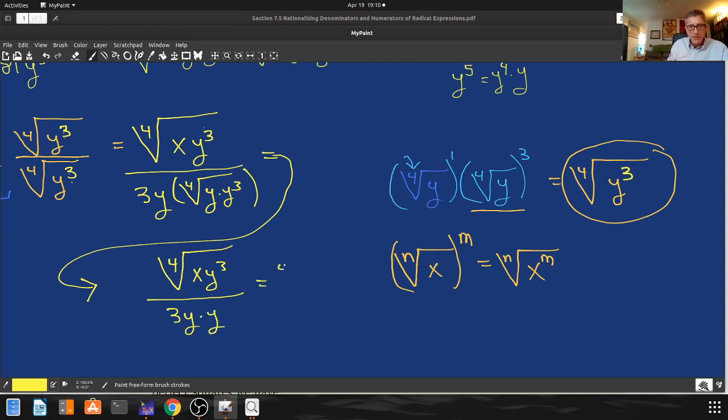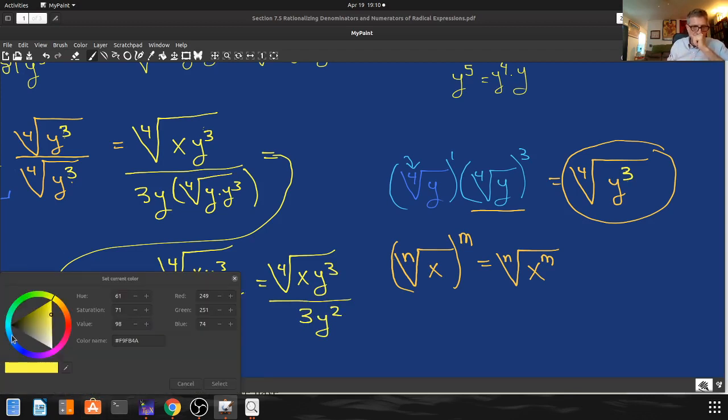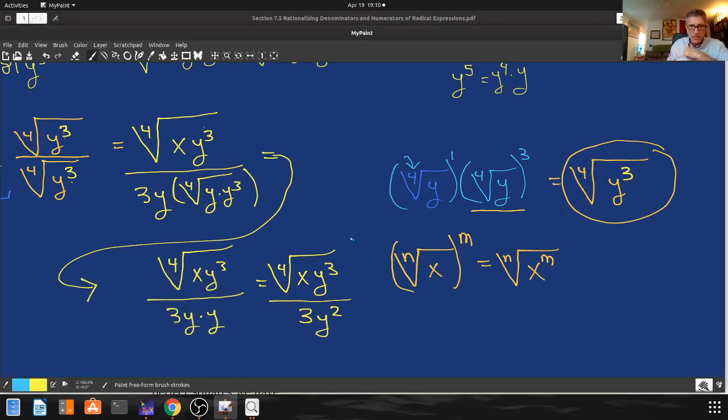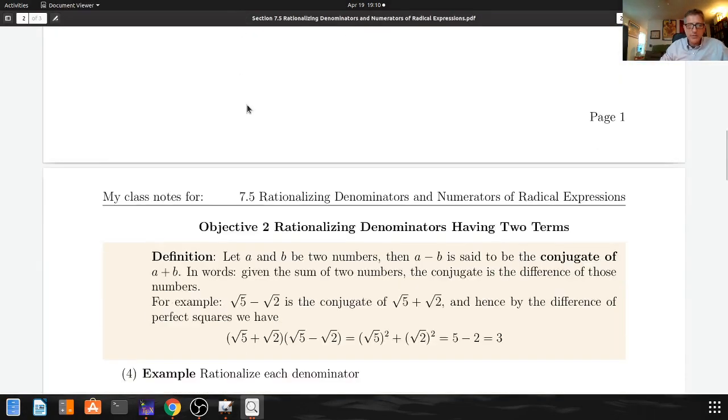So the final answer is the fourth root of x y cubed over 3y squared. Not too bad, just one little problem with a copy error. So let's look at the next page.